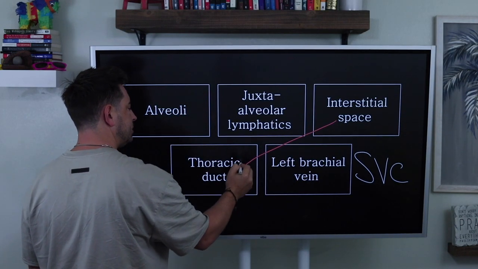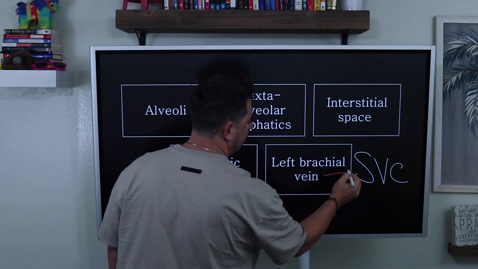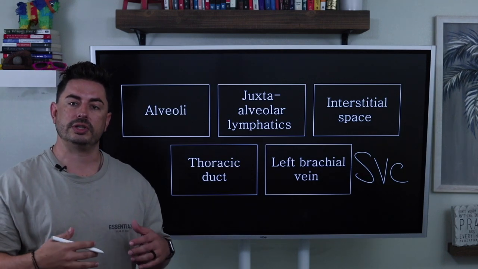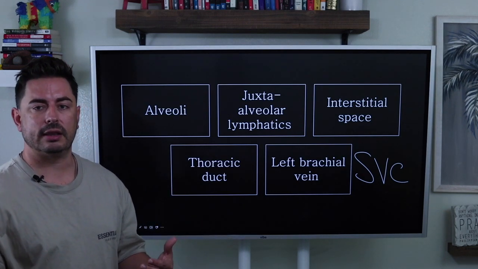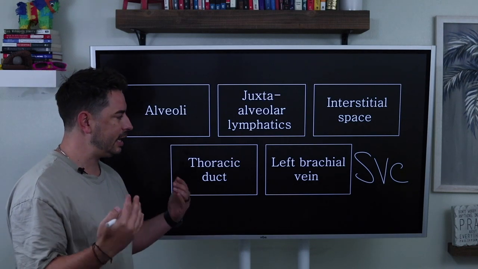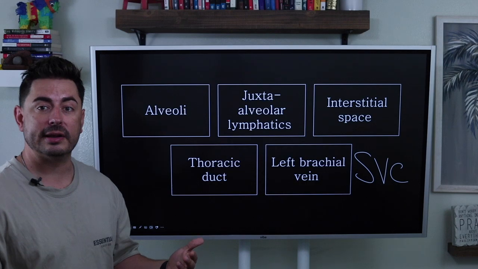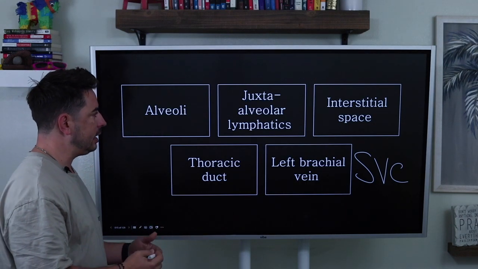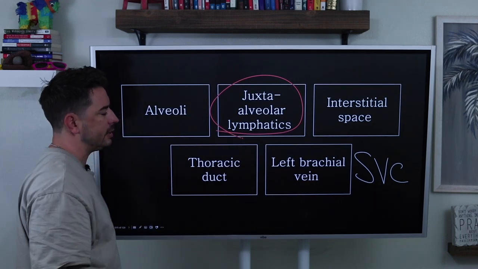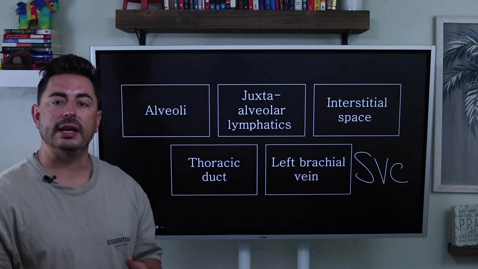From there, it gets dumped into the thoracic duct, into the brachial vein, all the way into the superior vena cava, which then gets circulated in systemic circulation and is then eliminated in waste. So when we look at conditions like pulmonary edema, we need these juxta-alveolar lymphatics to help us eliminate that extra fluid, which will eventually be excreted in the waste.